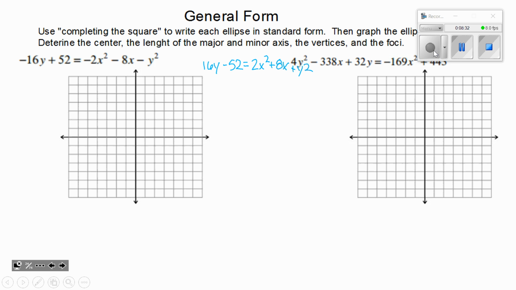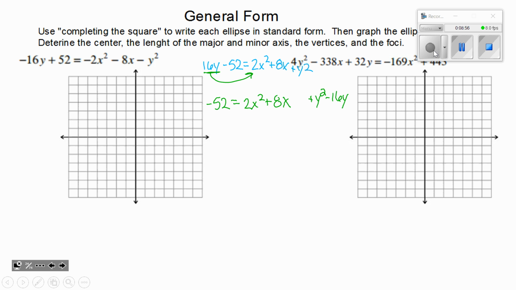The next thing I'm going to do to complete the square is move that 16y to the other side with the y's. So I have -52, I'm going to leave it alone. I have 2x squared plus 8x, and then I have a plus y squared, and now it's going to be minus 16y.